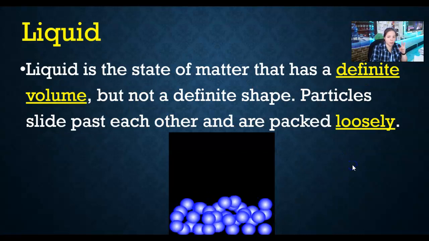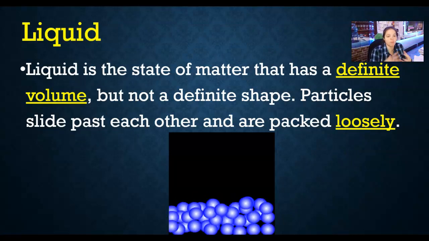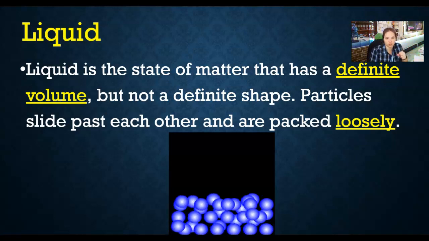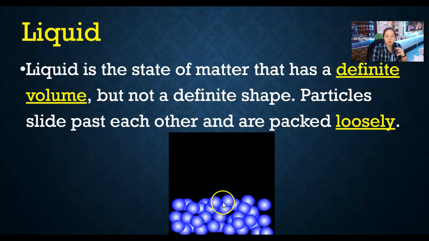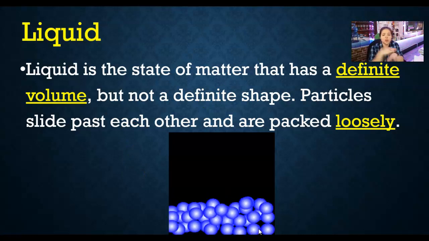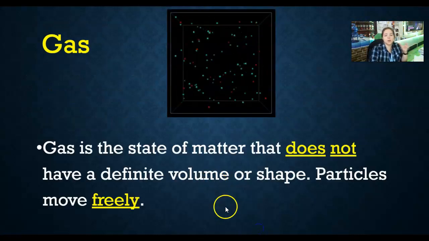And then you've got liquid. So it has a definite volume. Like there's a certain amount of volume there, but they take up whatever shape they're put into. So no definite shape. And as you can see, there's a little bit more movement, right? They're packed, but they're kind of flowing. The particles are flowing. And then you have gas.